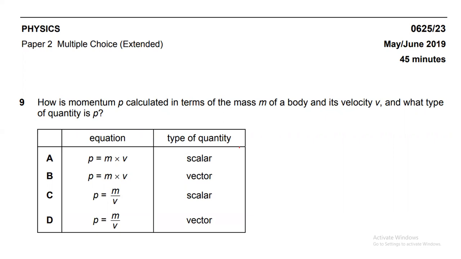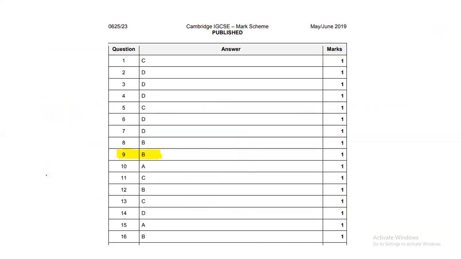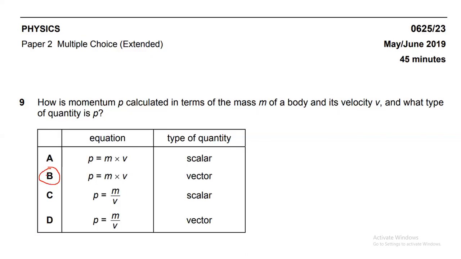You see, the momentum is mass multiplied velocity, and momentum is a vector quantity. It has direction. So I think the best option here is the B option, I think. Question number 9, B is the right answer, sir. This is the solution.